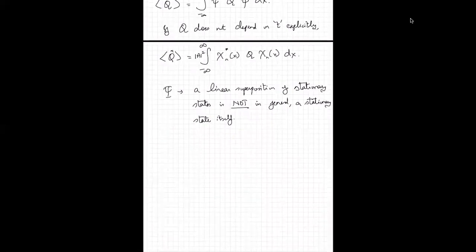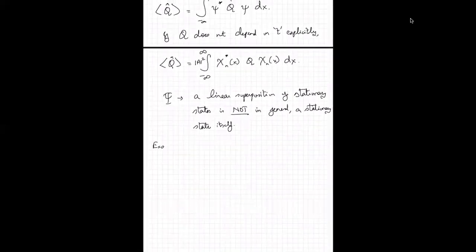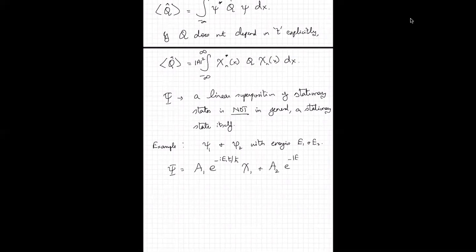For example, let me say that there are two solutions, psi_1 and psi_2, with energies E1 and E2. Then the linear superposition of these states is A1 e to the minus i E1 t over h bar times chi_1 plus A2 e to the minus i E2 t over h bar times chi_2. Notice that this is not a stationary state.